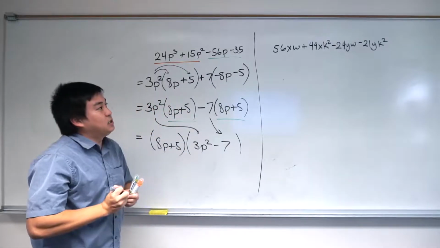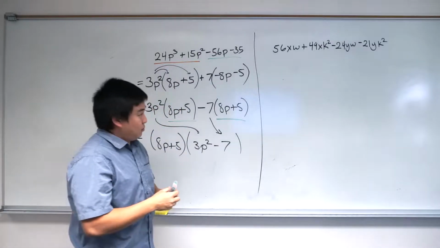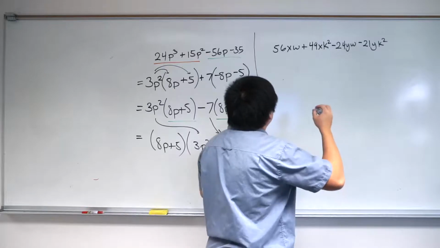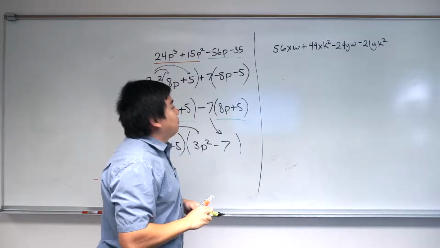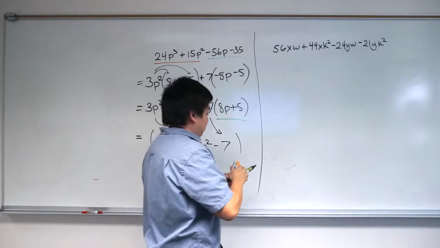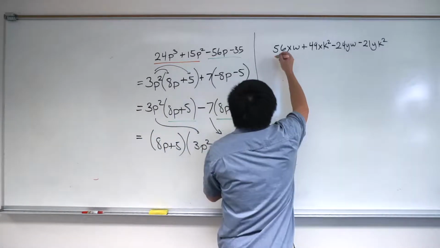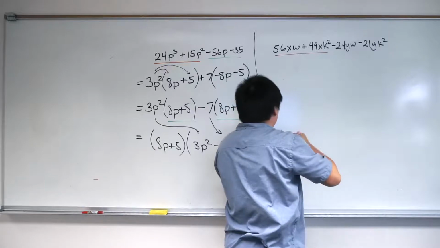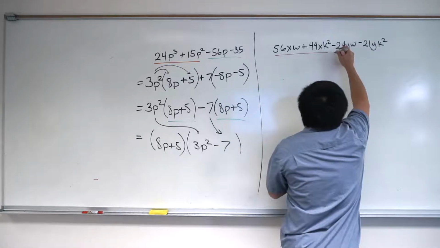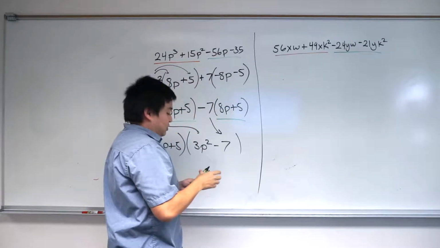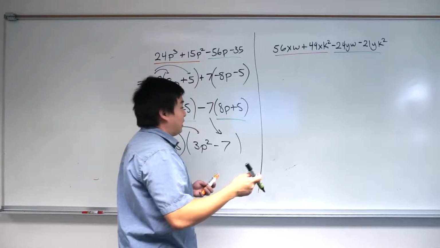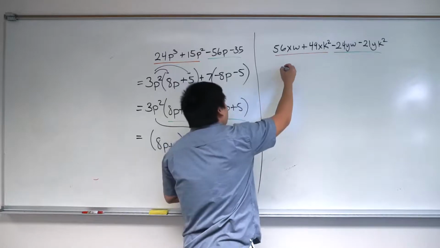So let's go ahead and do this problem. And I think you'll notice something very tricky here. Let's try to factor out something from the first two terms, which we're going to group together, and the second two terms here, which are also grouped together. Because I don't know the factors offhand, let's make a factor tree.